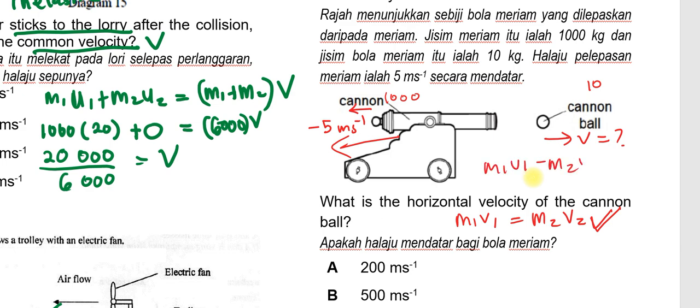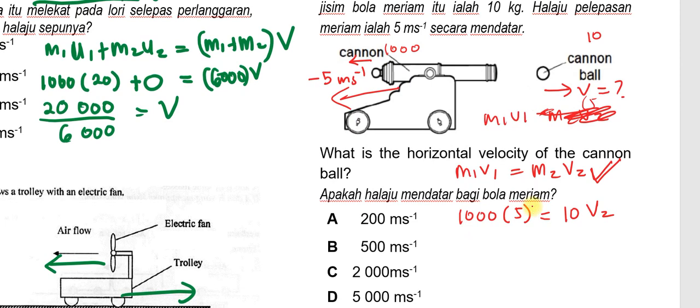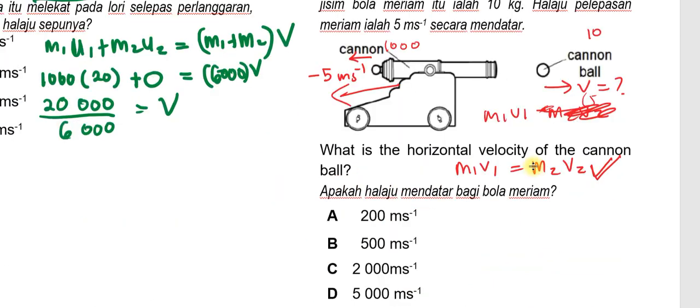When it is like this, we would put the 5 with a negative. Okay? Once we bring it to that side, no need to put it. So the mass is 1000 kg, velocity is 5, M2 is 10 kg, velocity is V2. Then calculate this: 5000 divided by 10 is 500 meters per second.